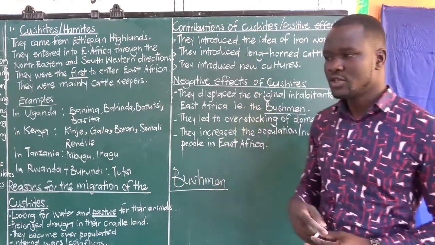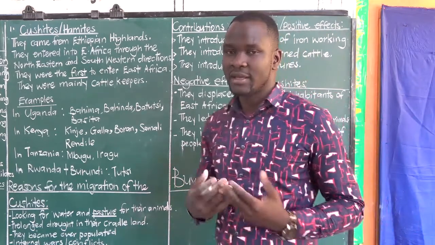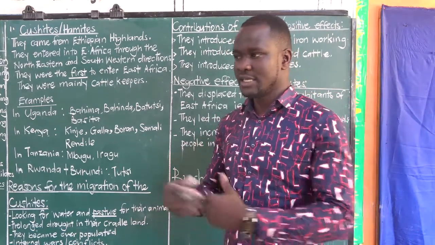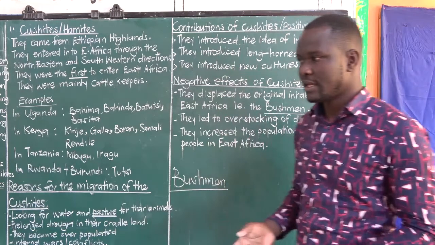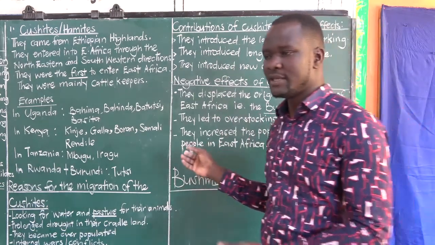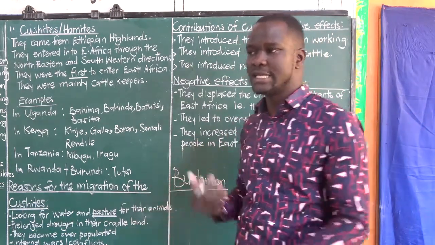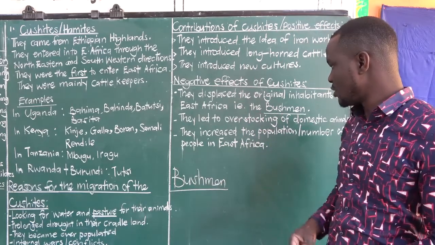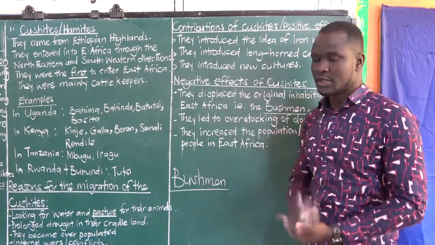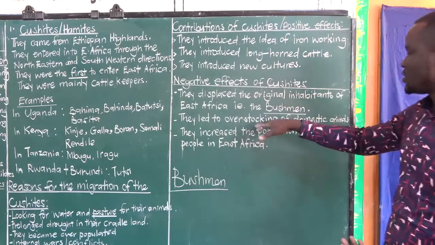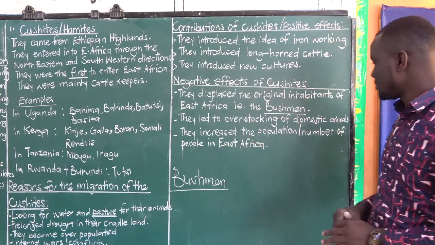Due to overstocking, the vegetation ends up being eaten up by too many animals, and that will lead to soil erosion. So they led to overstocking of domestic animals.